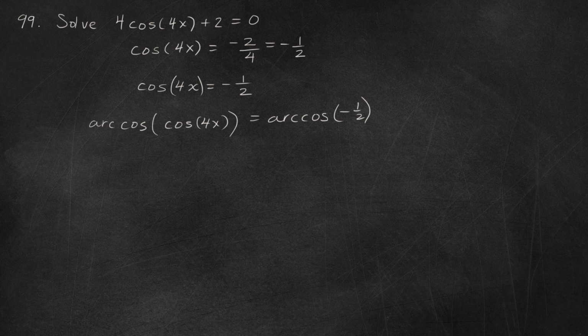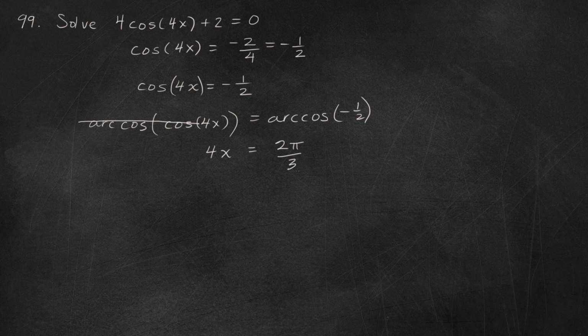Now the arc cosine here cancels out the cosine and leaves me with 4x equals the arc cosine of negative 1/2. Where does cosine equal negative 1/2? Well, it's equal to positive 1/2 at pi over 3. And we need the quadrant 2 angle with pi over 3 as a reference angle, so 2 pi over 3. 4x equals 2 pi over 3.